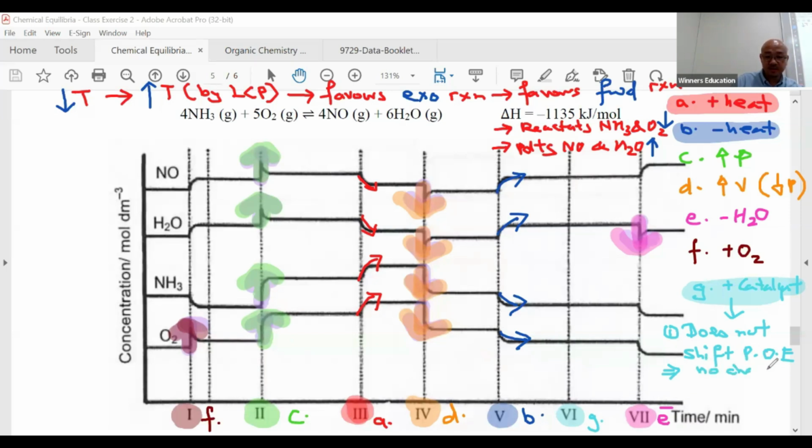All the words must come together, right? No change in the composition, i.e. the concentration. Make sense, everyone? What it does is that it increases the rate of getting the equilibrium. So the equilibrium is reached faster. That's it. That's the job of a catalyst, by increasing both the rate of the forward and backward reaction by the same extent. Okay, all right, almost done.